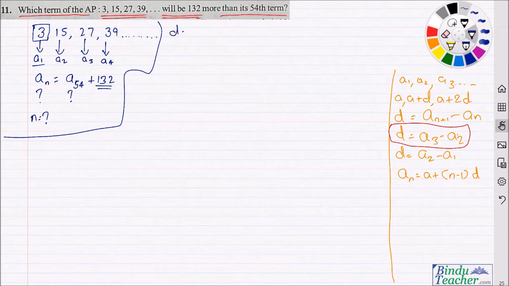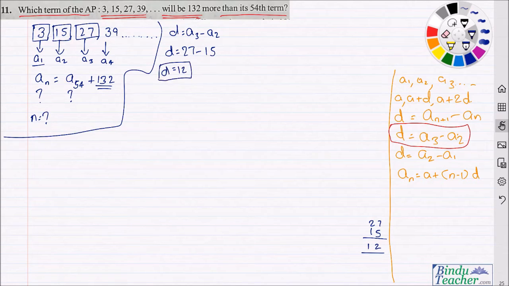I'll write d equals a3 minus a2. d equals, the value of a3 is 27 and the value of a2 is 15, so 27 minus 15. We get 7 minus 5, which is equal to 2, and 2 minus 1, which is equal to 1. So we get 12.